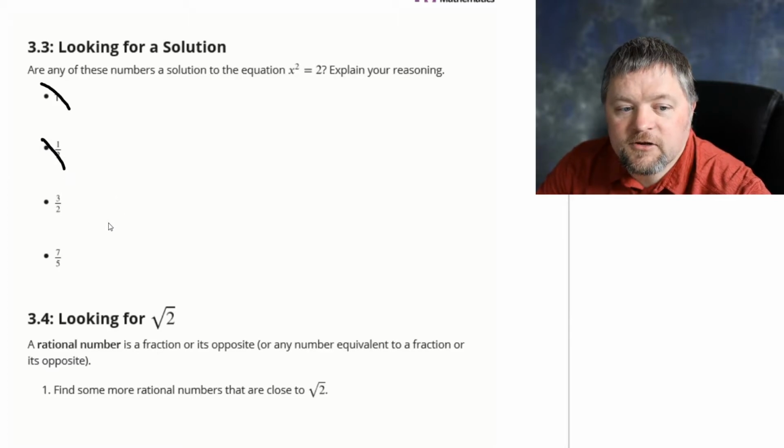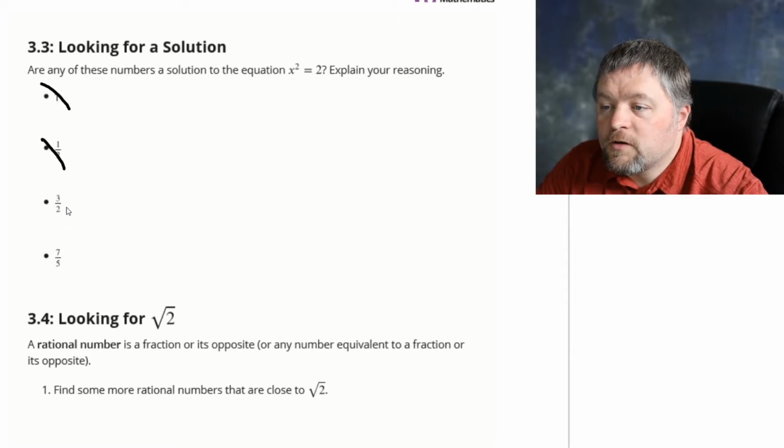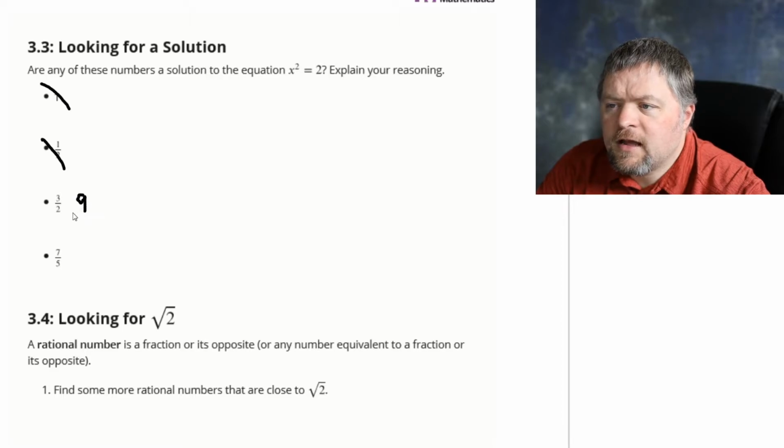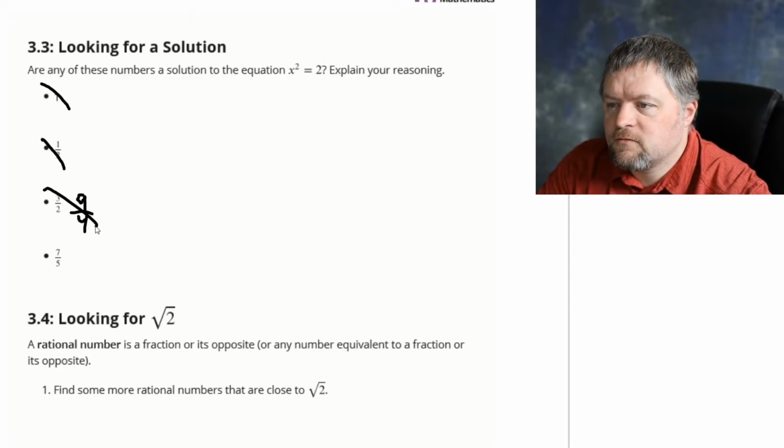That's not 2. 3 over 2 squared would be 9 fourths. Is 9 fourths equal to 2? No.